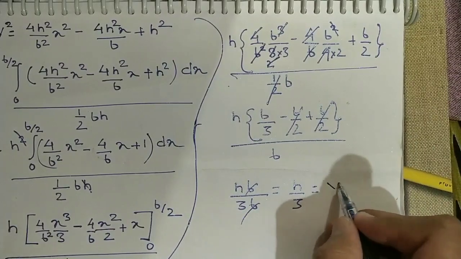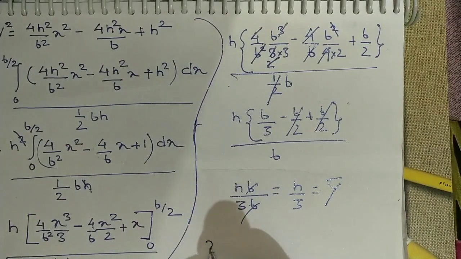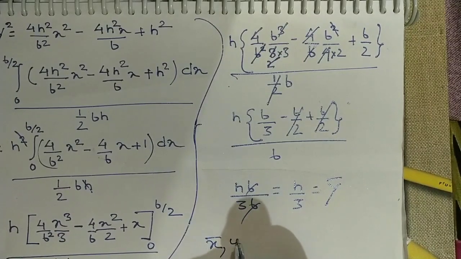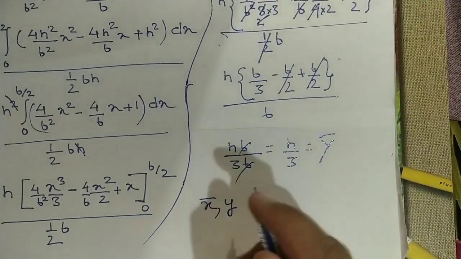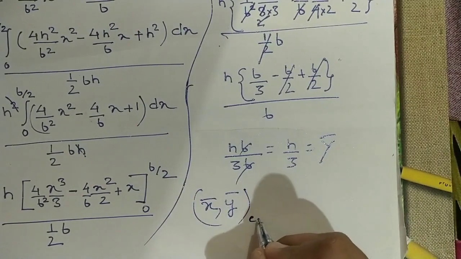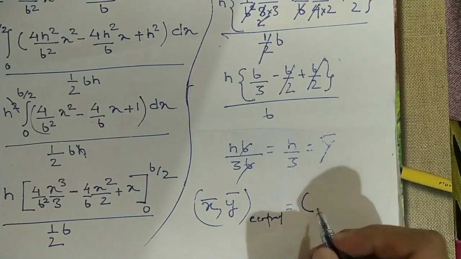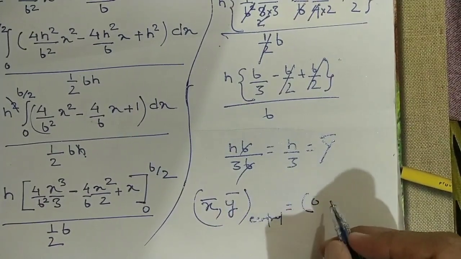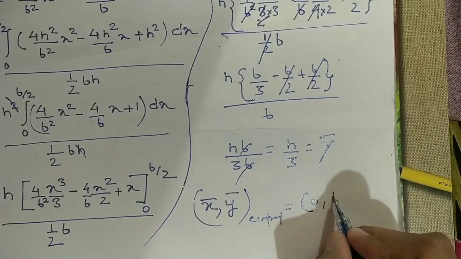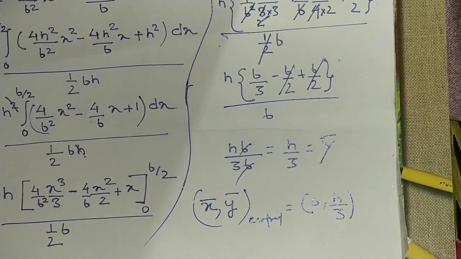So it is the y coordinate of the centroid or the center of the area of the triangle. So the x and the y coordinate of the centroid is, the x coordinate was 0 and the y coordinate is evaluated as h by 3.